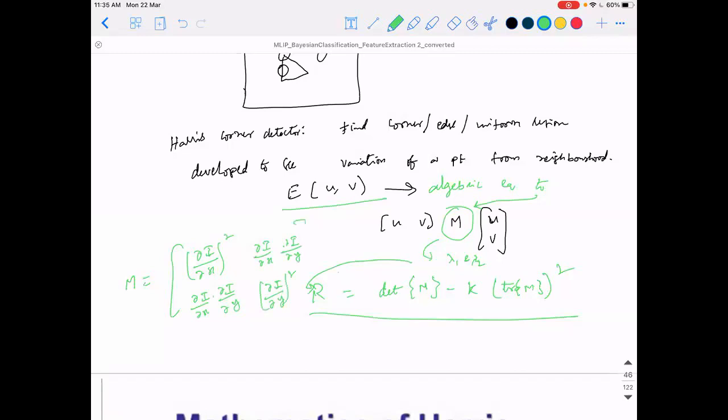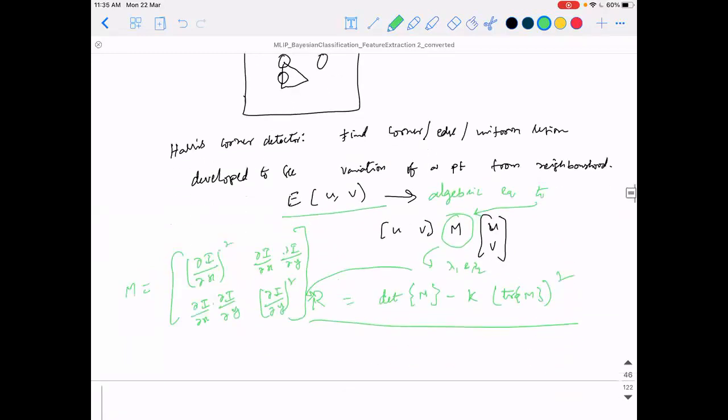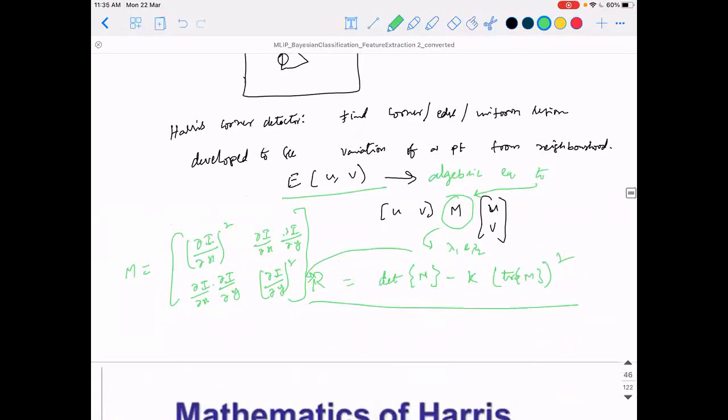Please note, it is not ∂²I/∂x². It's not a second derivative. It is just the square of the first derivative. So in other words, Ix square, Ix Iy, Iy square. It also has the elegance of introducing a window, which is usually considered to be convolved with the gradient images a priori itself.